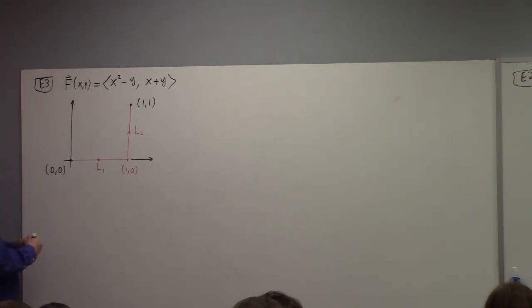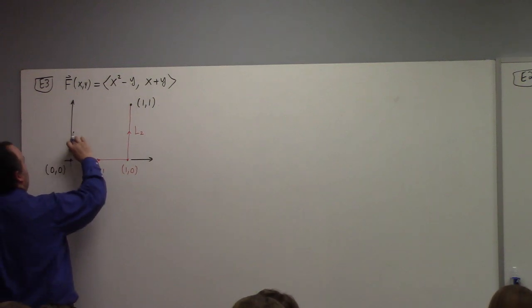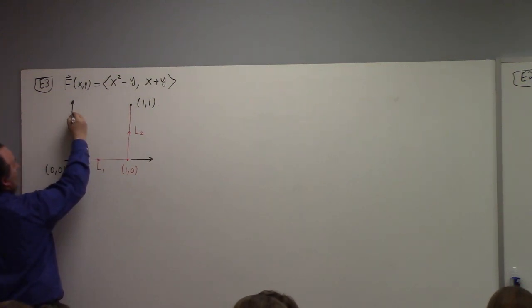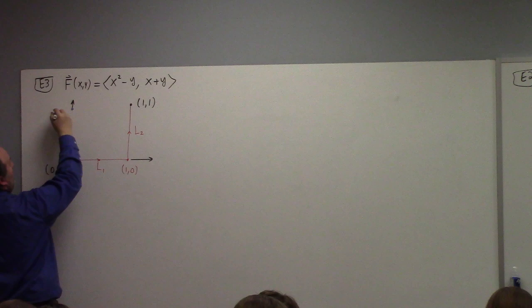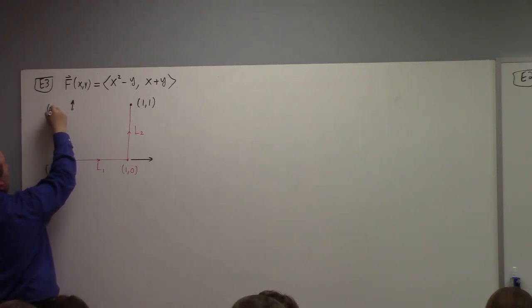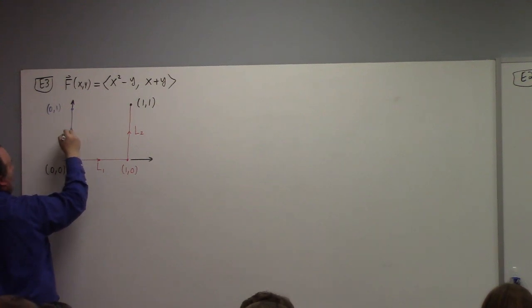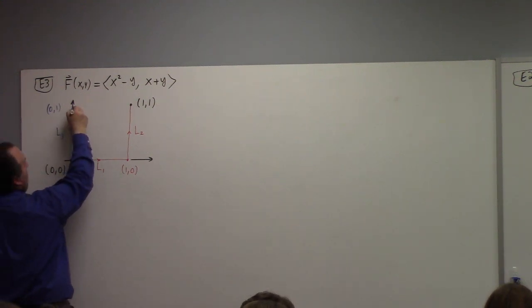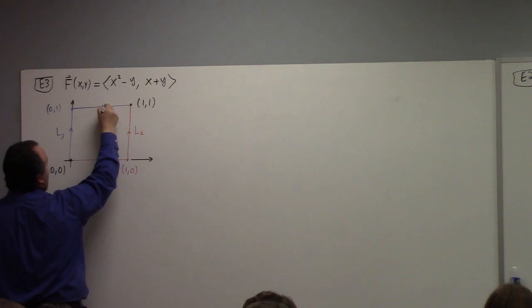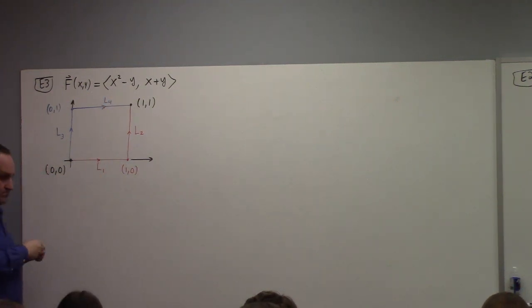Another path I'm going to consider is the path that goes vertically from 0, 0 up to 0, 1. I'm going to call this L3, and this one up here L4. All right? So I want to contrast the work done.